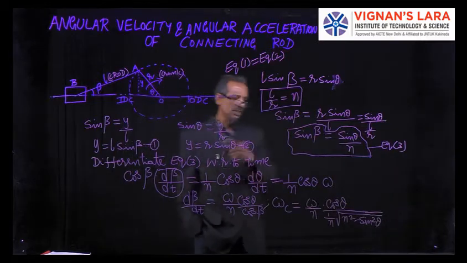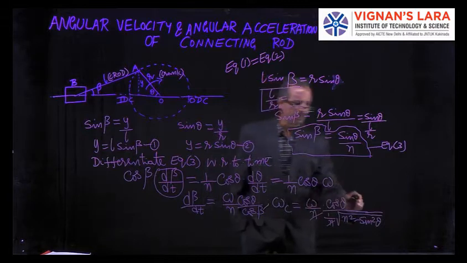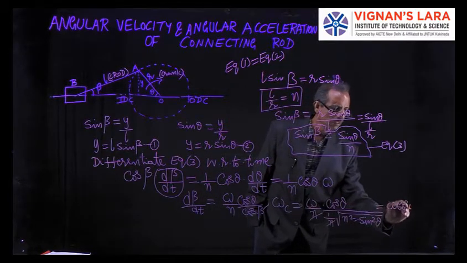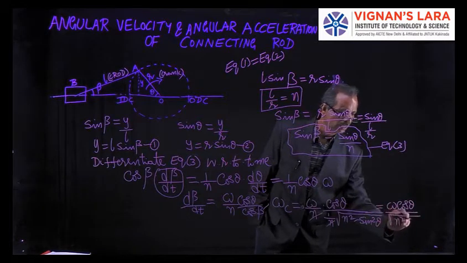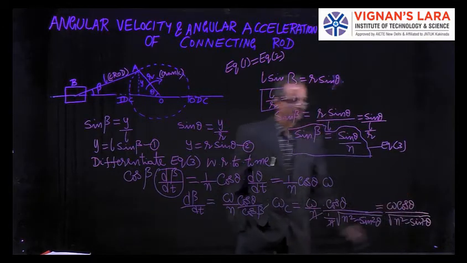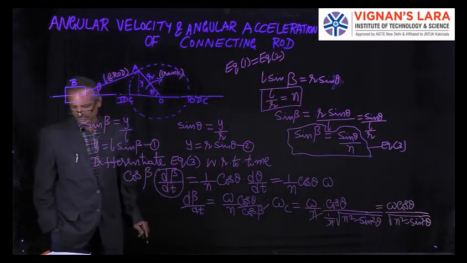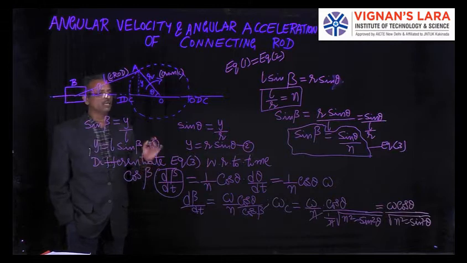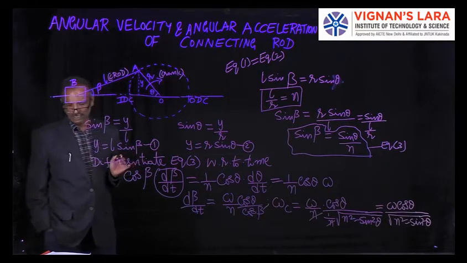So just adapting that value here, if I write it, then this becomes omega cos theta by root over n square minus sin square theta. Okay, so this is the first part, that is d beta by dt, that is omega c.